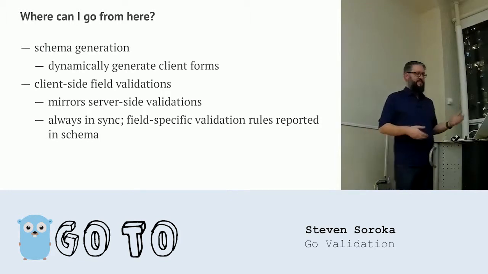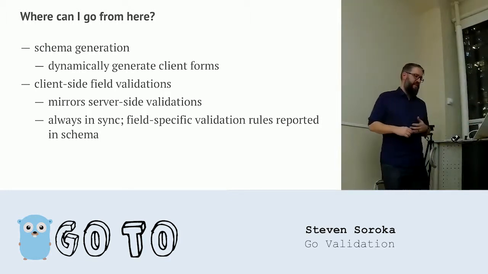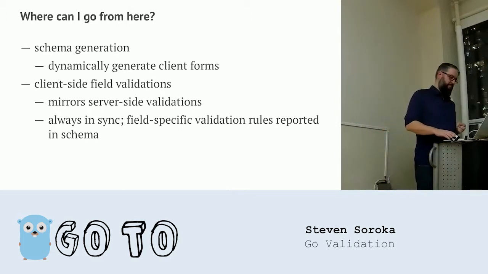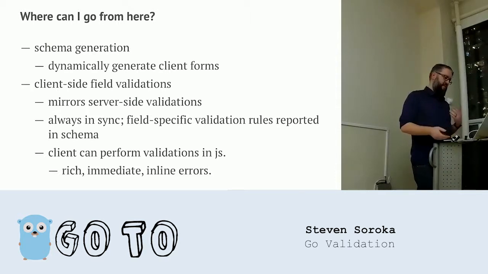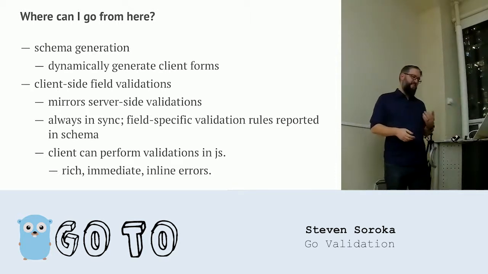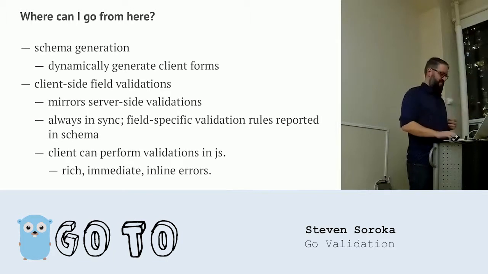It's never going to allow or reject something that the server would not allow or reject, and can perform the validations in JavaScript without ever talking to the server. So you get rich, immediate inline errors with immediate feedback. You hit save, and in a couple milliseconds, you get your error back right away.